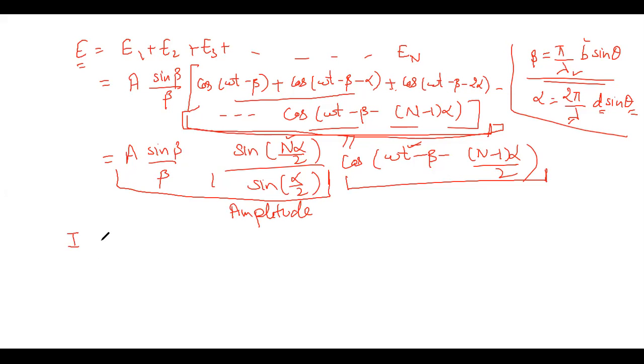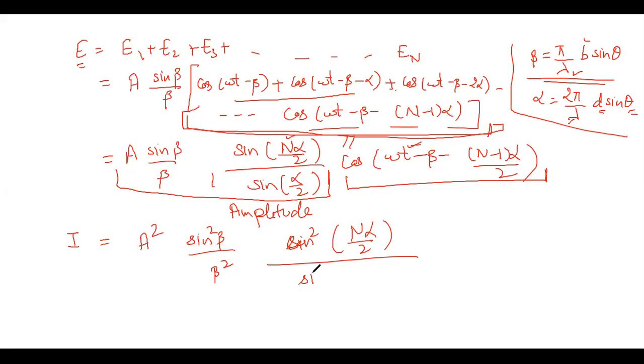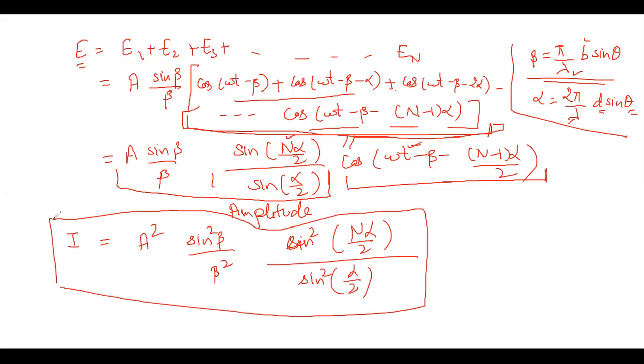So you can say that your intensity is going to be A square sine square beta over beta square, times sine square n alpha by 2 over sine square alpha by 2. This would be your intensity. Let me remind you, again you have two terms. The first term here basically corresponds to your single slit diffraction pattern.